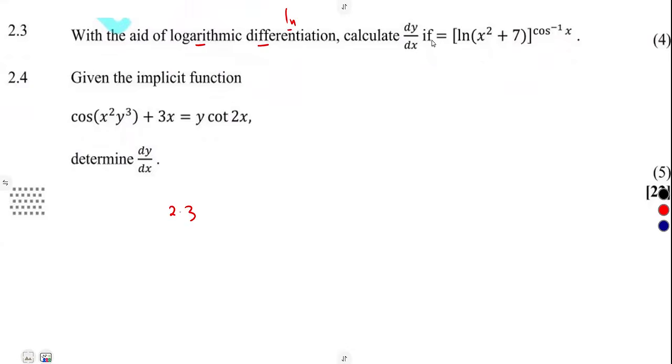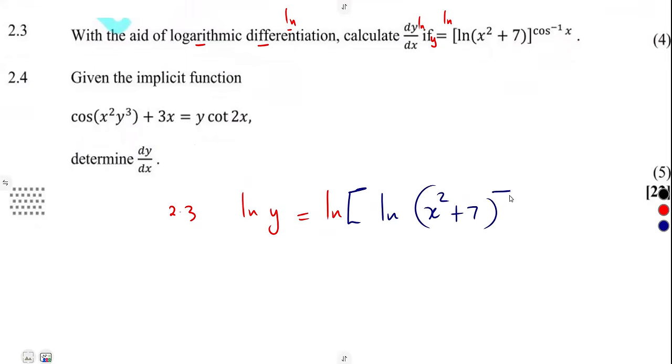So you're going to introduce, if y is equal to, an ln on both sides. So it was going to be ln y is equal to the ln of what you are given already, the ln of x squared plus 7 to the exponent of arc cos x, like this, all right?